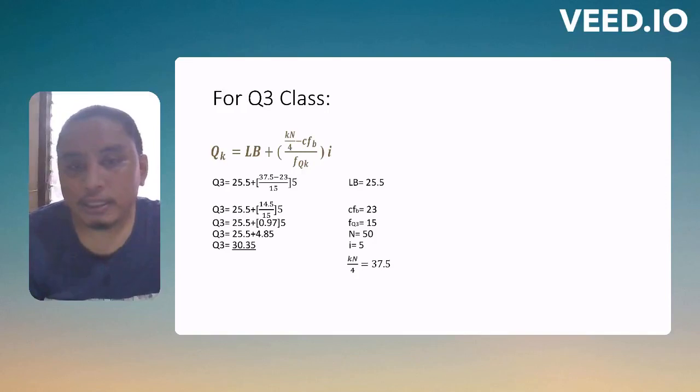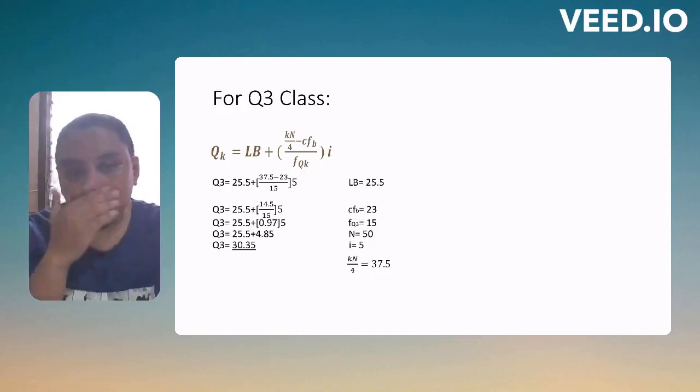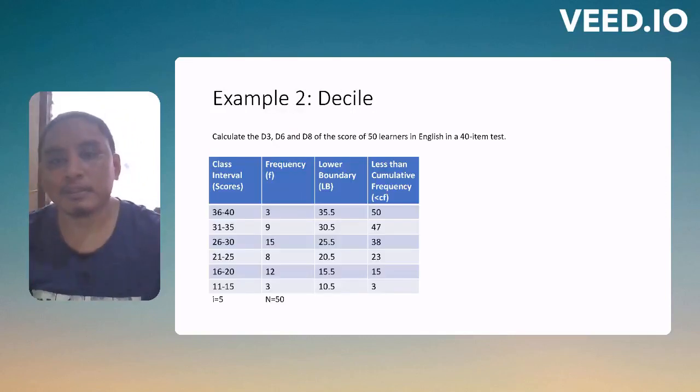Then Q3 is equal to 25.5 plus 0.97 multiplied by 5. So Q3 is equal to 25.5 plus 4.85, which is a total of 30.35. So our Q3 is 30.35.